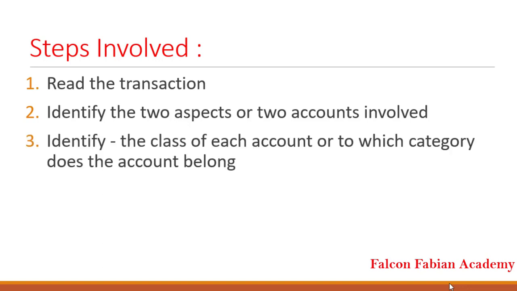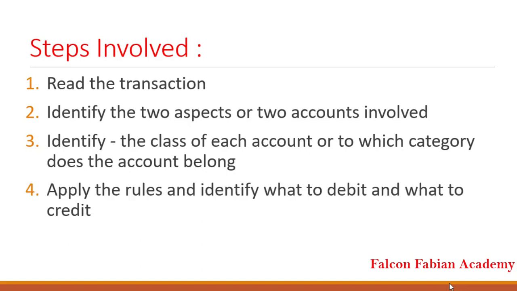The third step is, once you have identified the two accounts involved, you should then identify the class of each account, whether it is real, personal, or nominal. Once you have identified the class of account, then you should apply the rule and see whether you need to debit that account or credit that account. And the final step is to record the entry.